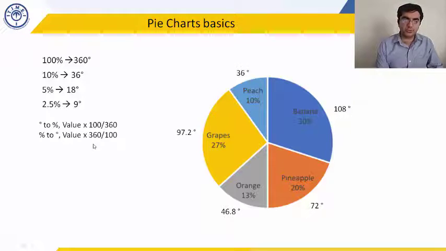So let's do some quick calculations. 10% corresponds to what? As we saw, 36 degrees. 20% is what? 2 into 10%. So that's 36 degrees into 2, that's 72 degrees. Please write this in your copies very carefully.